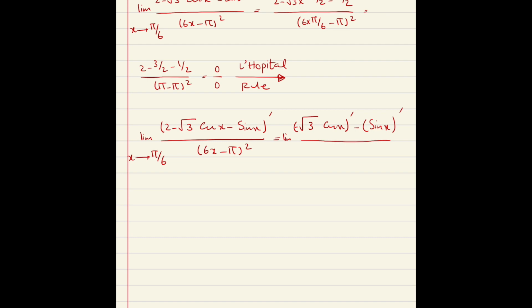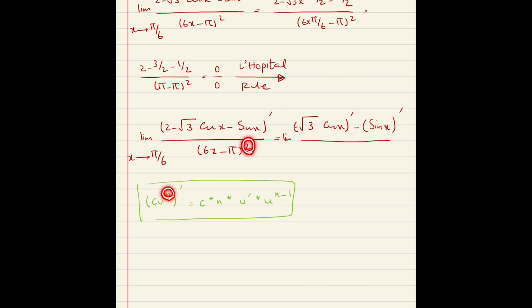So we basically have a formula in the derivatives that says the derivative of c times u to the power n is equal to c times n times u prime times u to the power n minus 1. C and n are both constants.